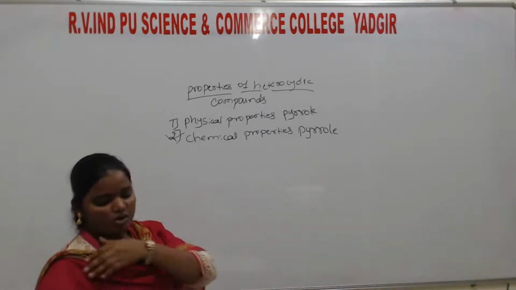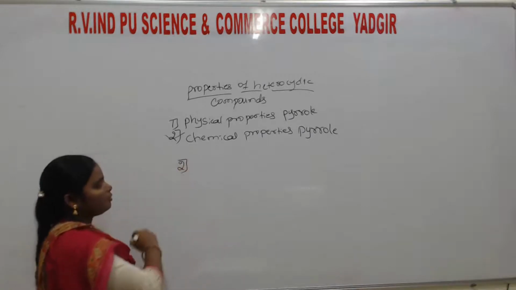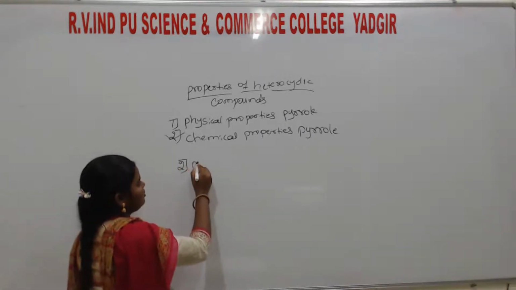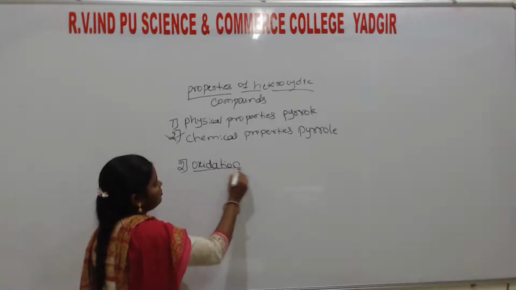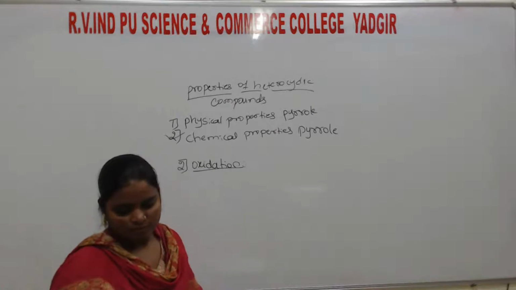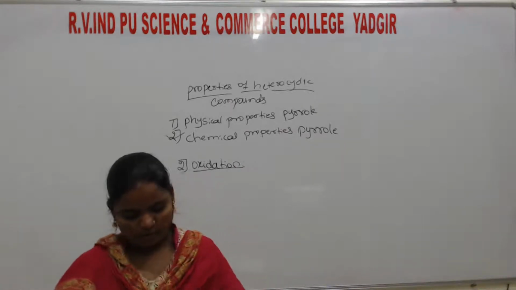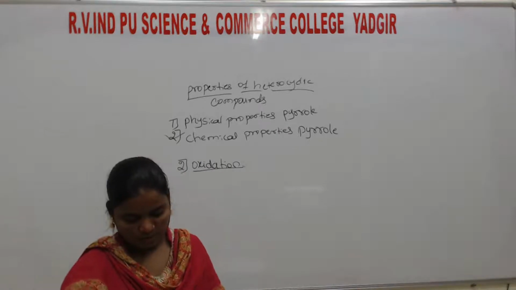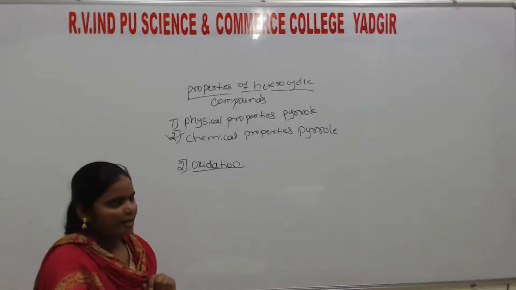Second one is oxidation. Second chemical property, oxidation. Here, pyrrole is oxidized.